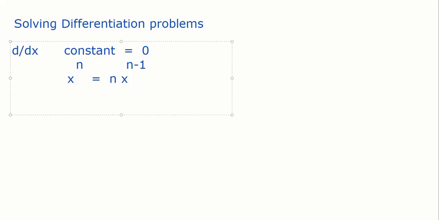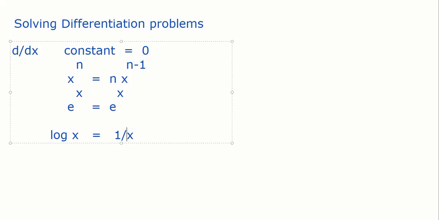And we talked about the exponential function. The differentiation of the exponential function is unchanged. And we talked about the differentiation of log x. Obviously the base is e, and it is 1 by x. And the base was natural e here.